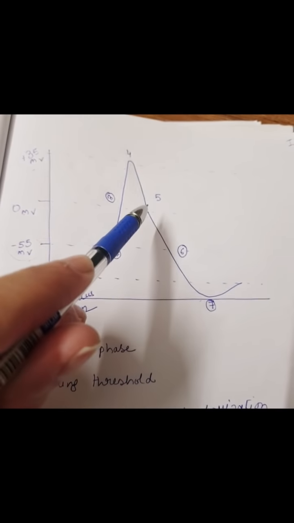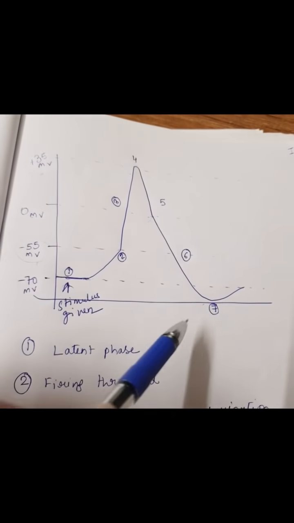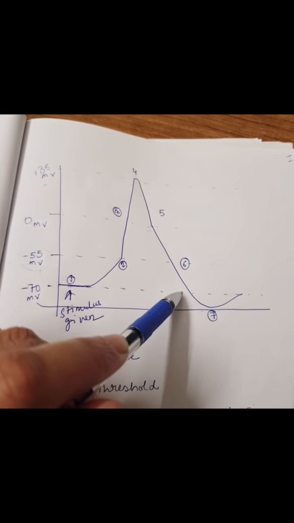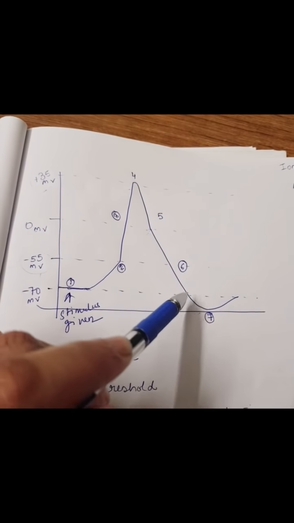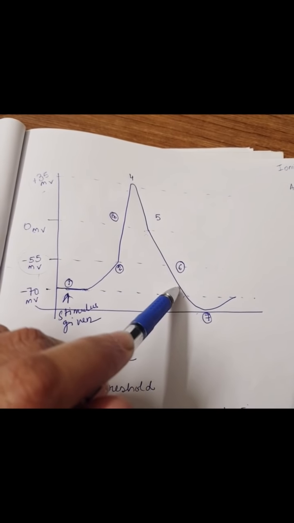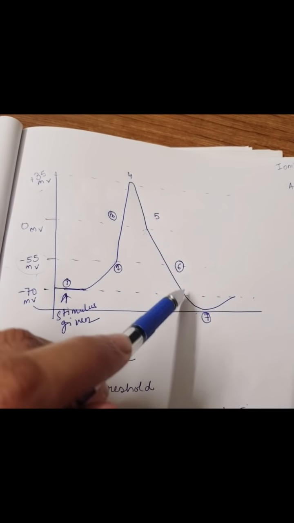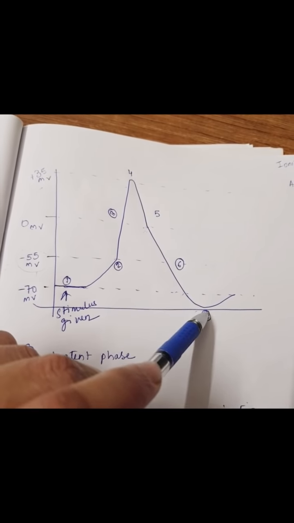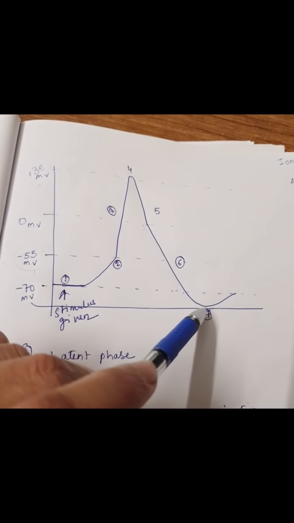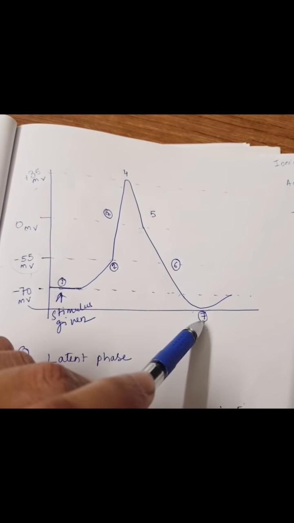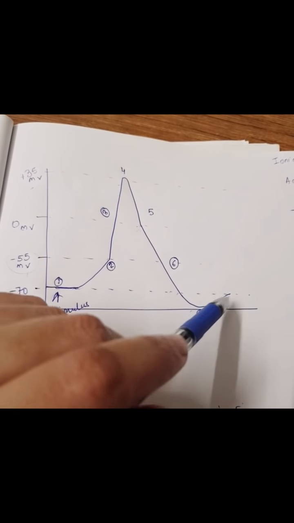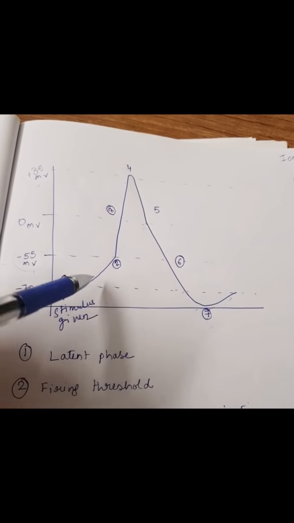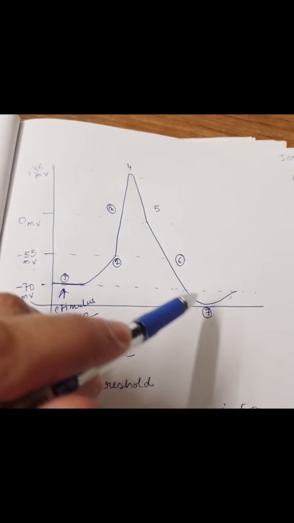This part, this 0 millivolt to minus 70 millivolt is basically known as after depolarization, and then finally, due to continuously open potassium channels, this membrane potential becomes even more negative than the RMP. And finally this is known as after hyperpolarization, and then finally it reaches the resting membrane potential level again. So this was the electrical event.